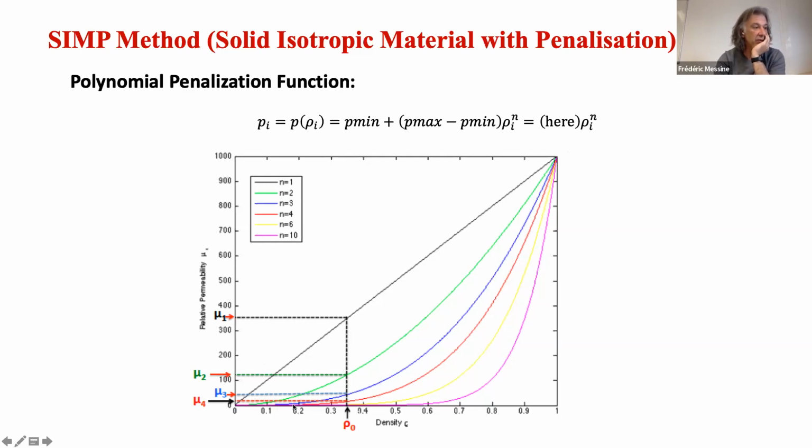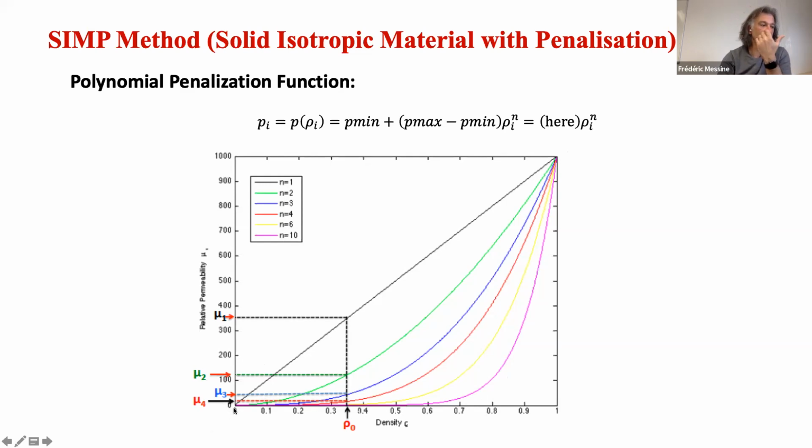But if you penalize a bit more, maybe with n equal 10, you can see here that's a kind of density. If you have 0, it is very close to 0 over there, and if you have 1 over there, that's about the permeability, but you have to think about 1.